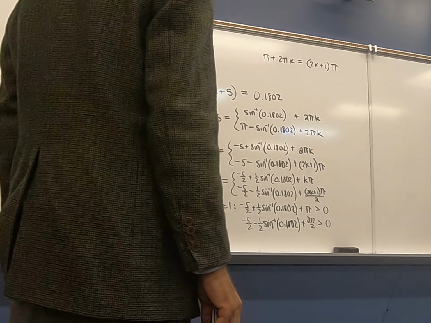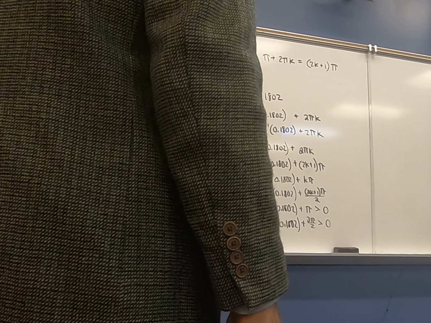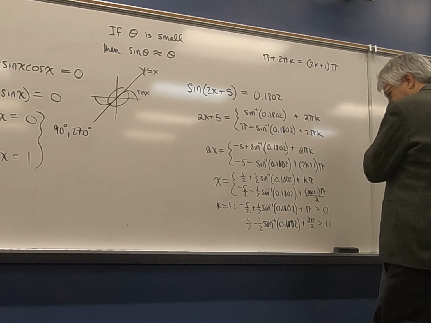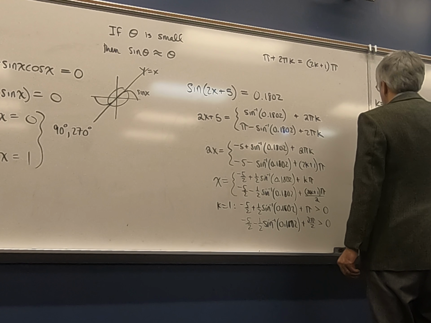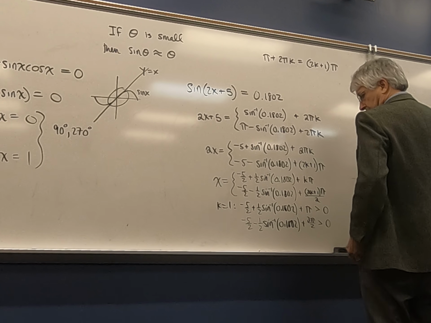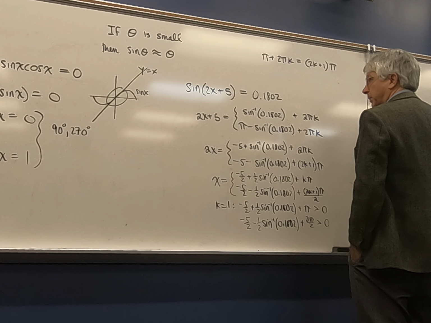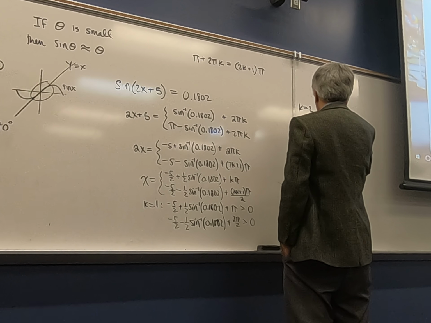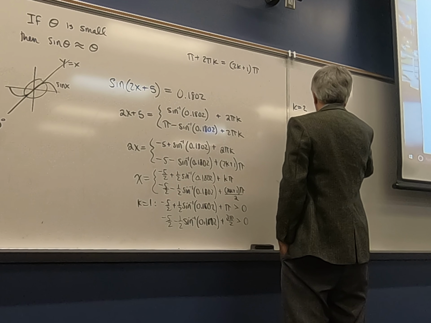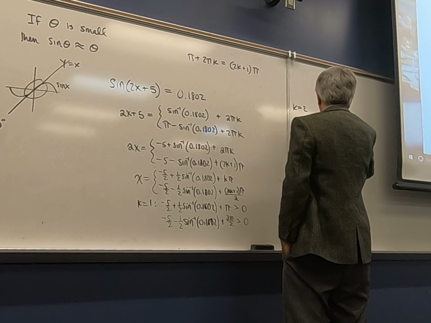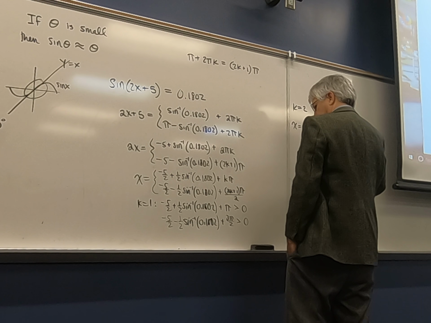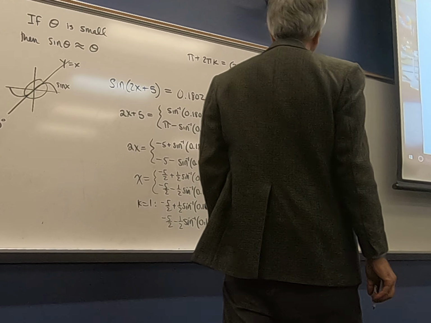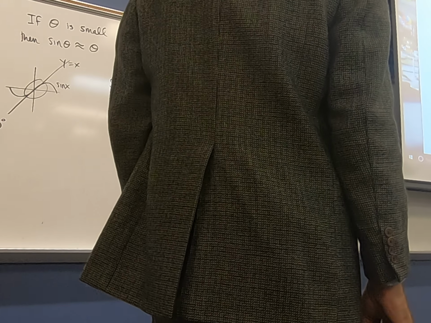Do I have more? How about if k equals 2? Am I still in the zone? Sure. So k equals 2, what are we solving for? X. X could be negative 5/2 plus 1/2 the angle whose sine is 0.1802 plus 2 pi. I think that's less than 2 pi, right?